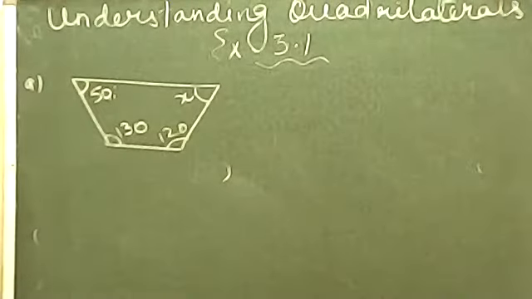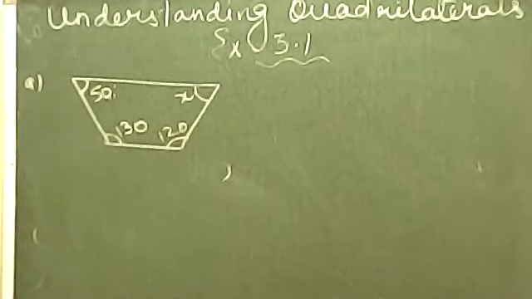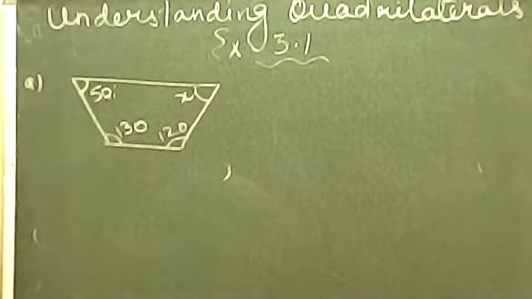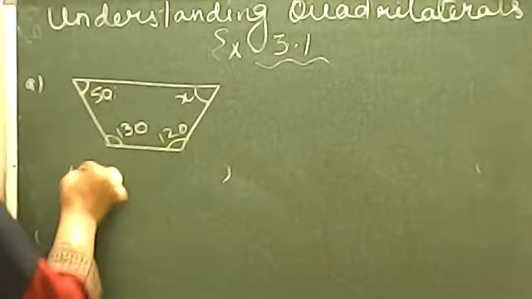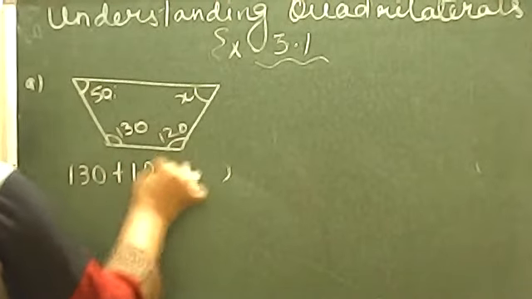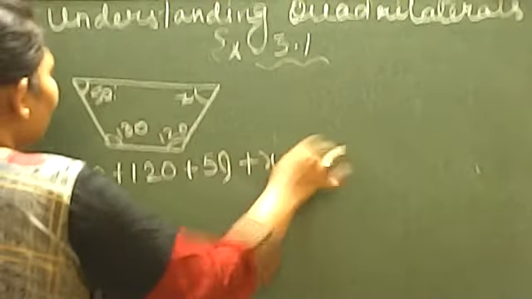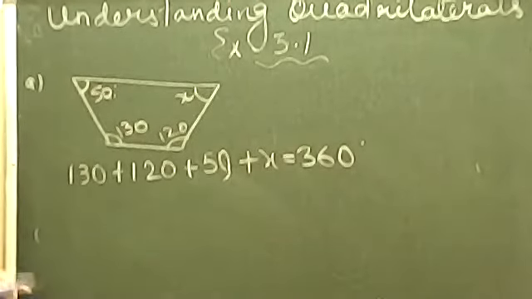Now as you all know, this is a simple quadrilateral. In a quadrilateral, the sum of all the interior angles gives you 360 degrees. So when you add them, you should get 360 degrees. So 130 plus 120 plus 50 plus x should equal 360 degrees. You have one angle missing, that is x.